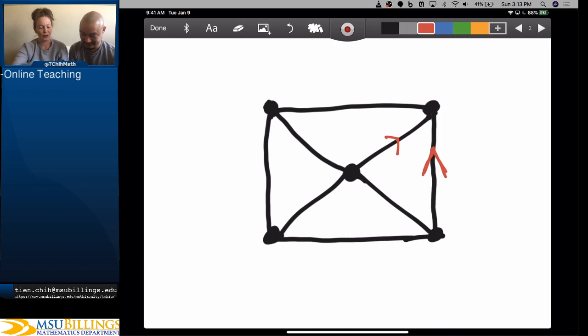I will do another arrow going this way. And let me draw maybe an arrow going here. Well, if I put an arrow here, then you would put one here and win.